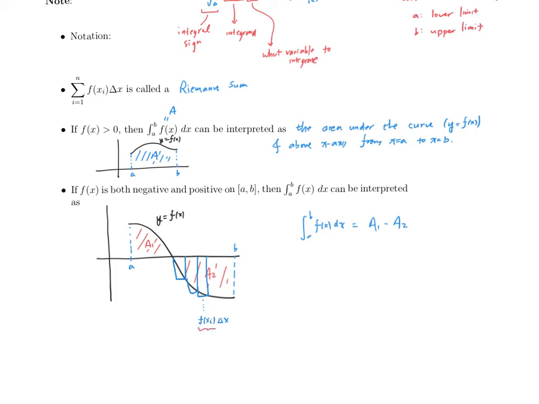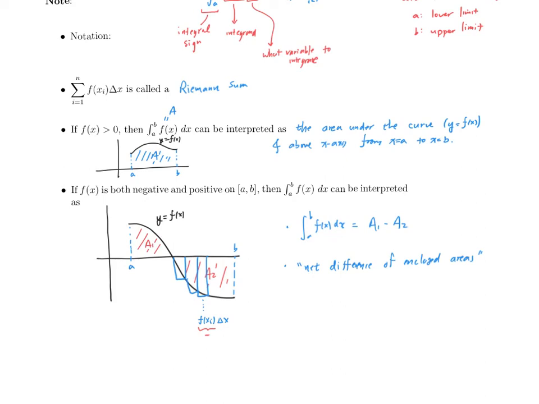But the f of x sub i, in that case, is a negative quantity, and that negative is the reason we're subtracting away the area enclosed underneath the x-axis. So that's hopefully the intuition. The phrase you will hear me say frequently is that a definite integral calculates a net difference of enclosed areas. That is the area enclosed above the x-axis, and we subtract away, i.e. the difference here, the area enclosed below the x-axis.